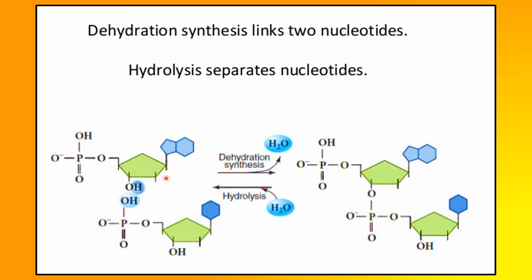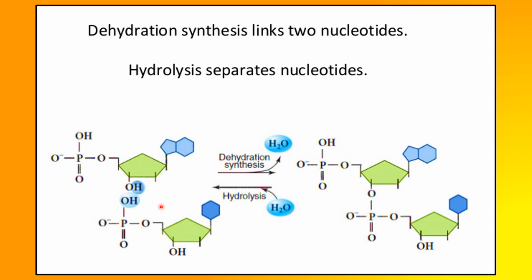Let's look at it down here. So here is your nitrogenous base, your pentose sugar, and your phosphate group of 1 nucleotide. Here is your nitrogenous base. Notice this is a double ring structure. This is a single ring structure. Your pentose sugar and your phosphate of another nucleotide.